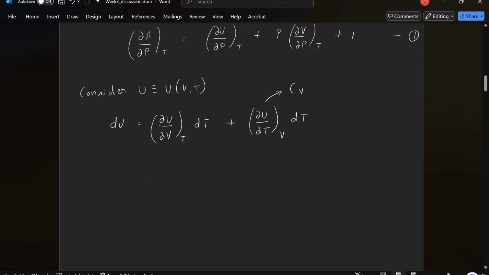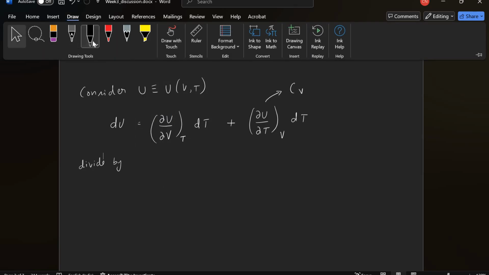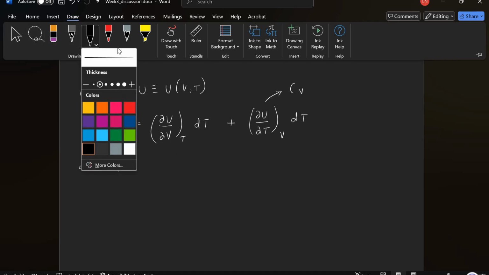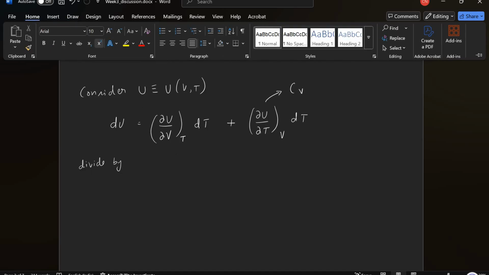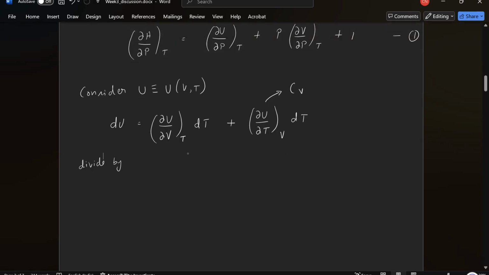Now what I'm going to do is divide this by dP, since we want del U by del P. We're at constant temperature, of course.